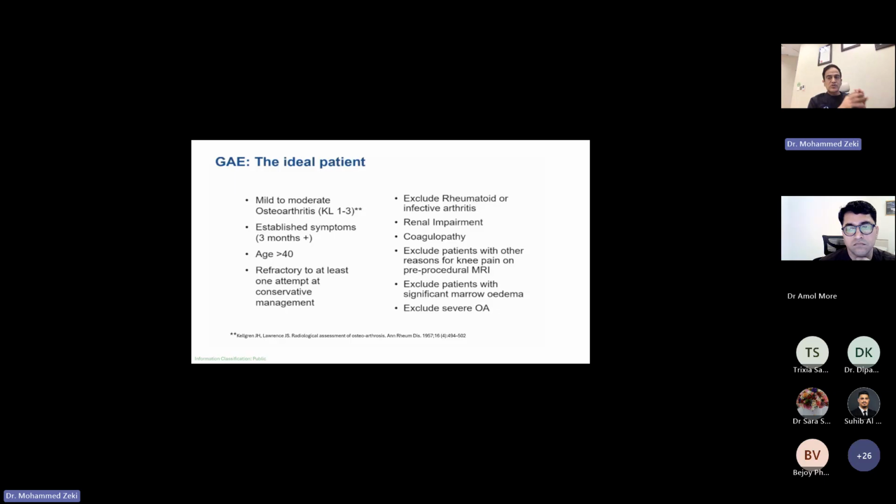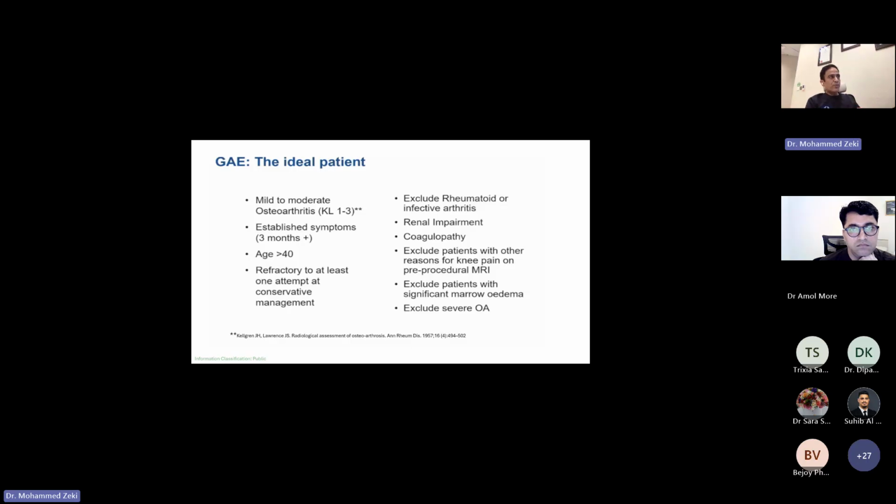So who is the ideal patient if you have a patient with knee osteoarthritis? What are the indications? Who's the ideal patient you would like to refer to us? A patient who has mild to moderate osteoarthritis, that's KL score 1 to 3, who has established symptoms for at least 3 months, age more than 40, and is refractory to at least 1 attempt of conservative management.